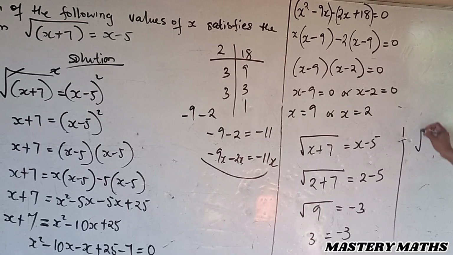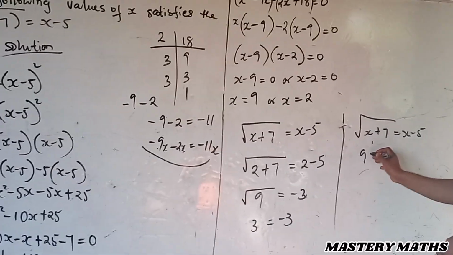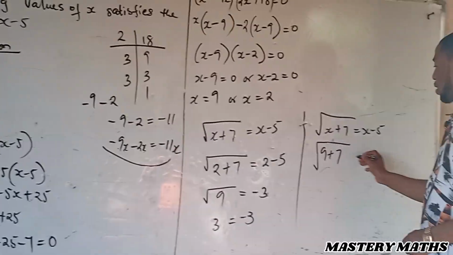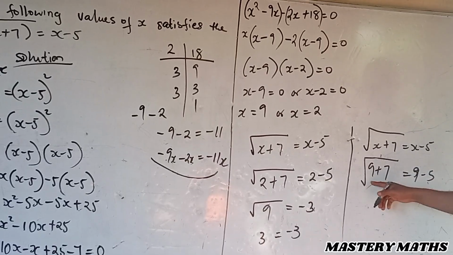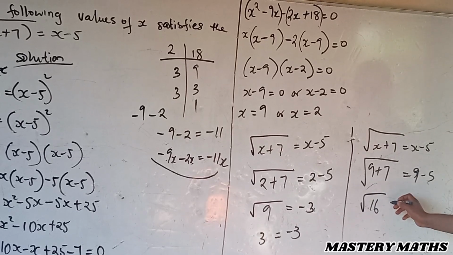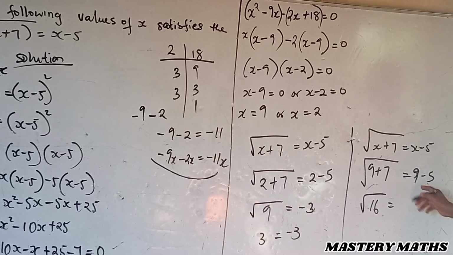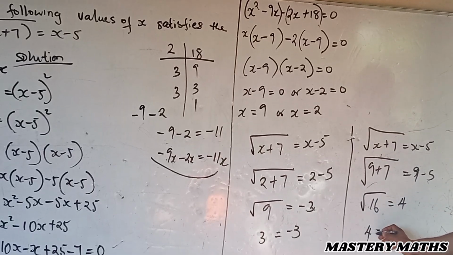The next one, you have your square root of x plus 7 equal to x minus 5. Now let's use a 9. You have square root of 9 plus 7 equal to, you have your 9 minus 5. Now 9 plus 7 will give us root 16 equals to 9 minus 5 will give us 4. Square root of 16 is 4. Then equal to 4.